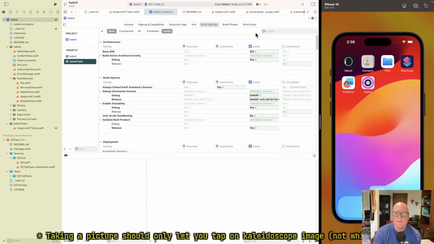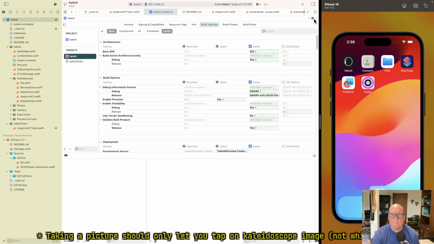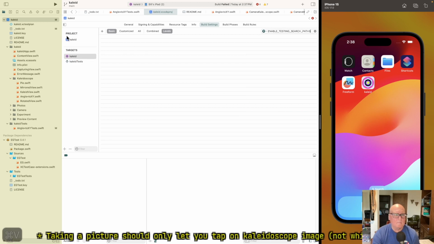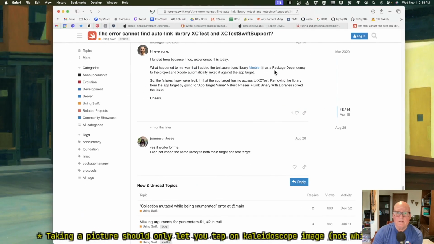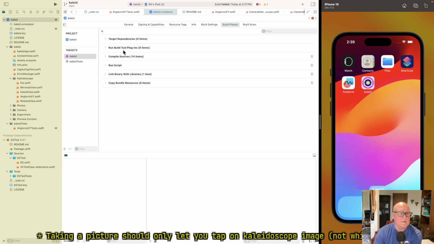Well, let's see this one first. No. Okay, that didn't help. Target name, build phases, link binary with libraries.